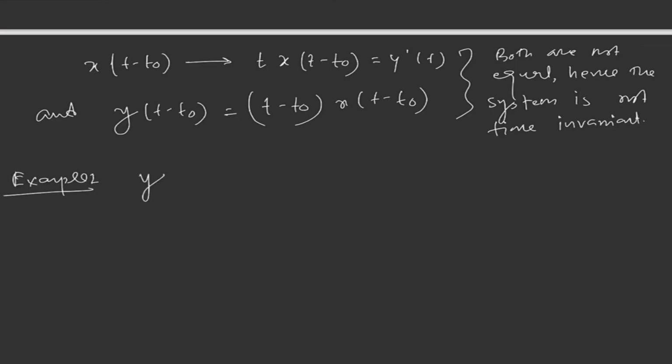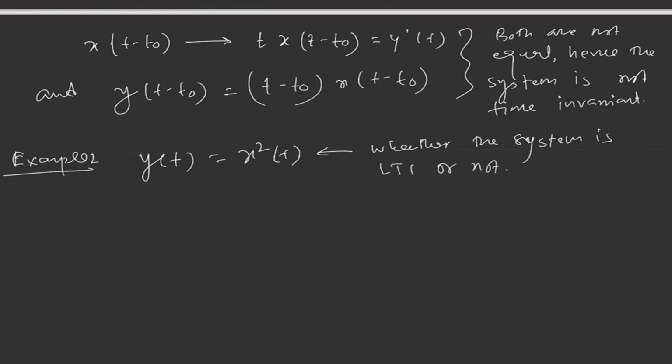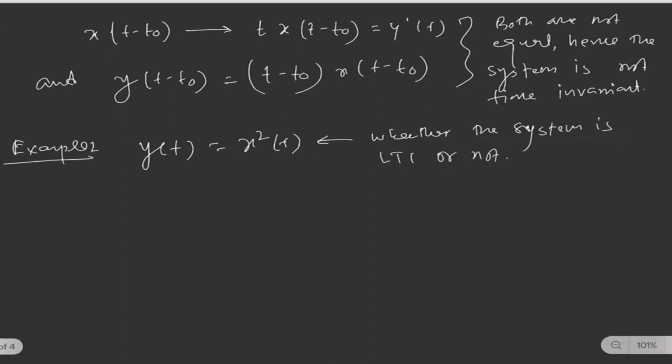We have the system y(t) = x squared(t). Let's check whether the system is LTI or not. Let's go step by step.